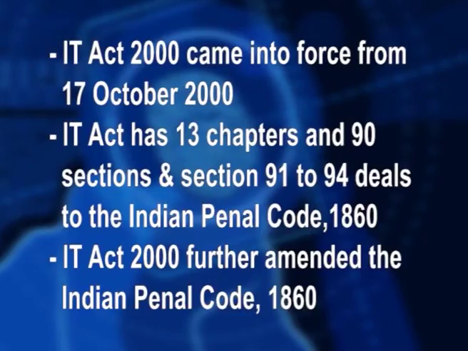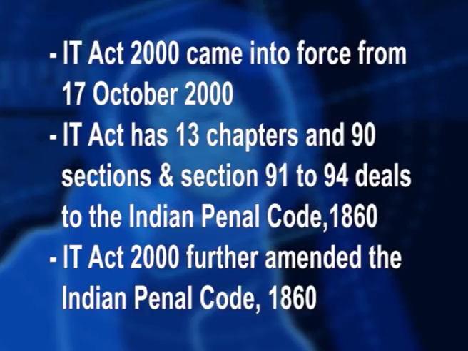This law is called the Information Technology Act 2000, that is the IT Act 2000, which was based on the United Nations Commission on International Trade Law, or UNCITRAL. India was among the 12 nations in the world to pass such a type of cyber law. IT Act 2000 came into force from 17th October 2000.